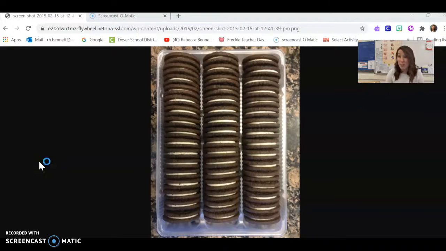Okay, so here's how a full package looks. I'm going to start, and you can count along with me. Let's count how many cookies, because this might be a little tricky. And you know what? I'm actually going to count the white parts. And I'm only going to count 1 row because I know I can see there's the same amount in every row.